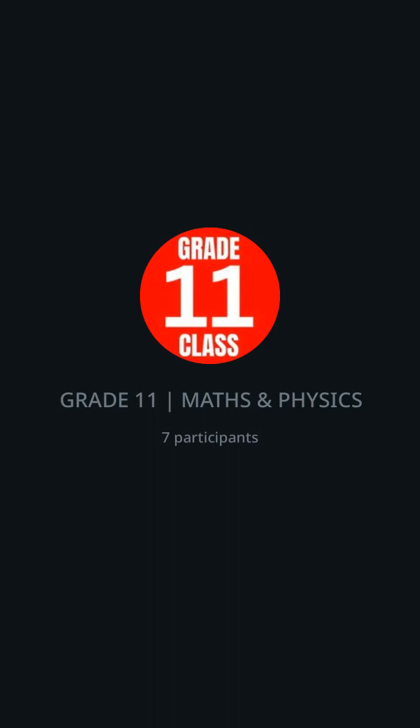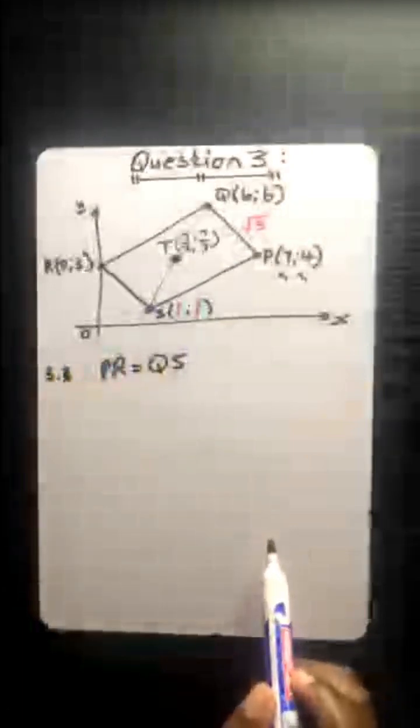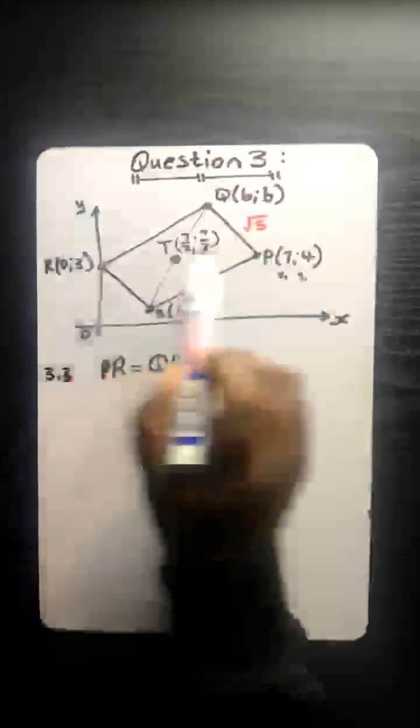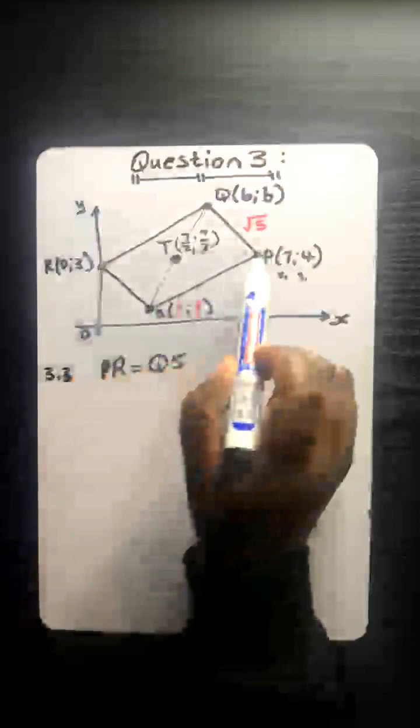Trust me, when it comes to this type of problem, for QS to equal PR, they have to share the same midpoint. Those are what we call the diagonal lines. So another way of showing it is simply to prove that the midpoint of PR is also going to be the same as that of T.